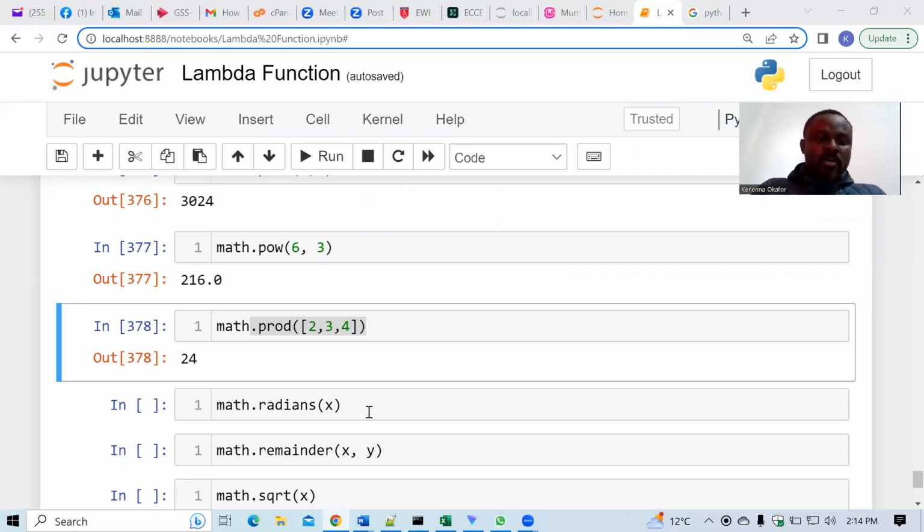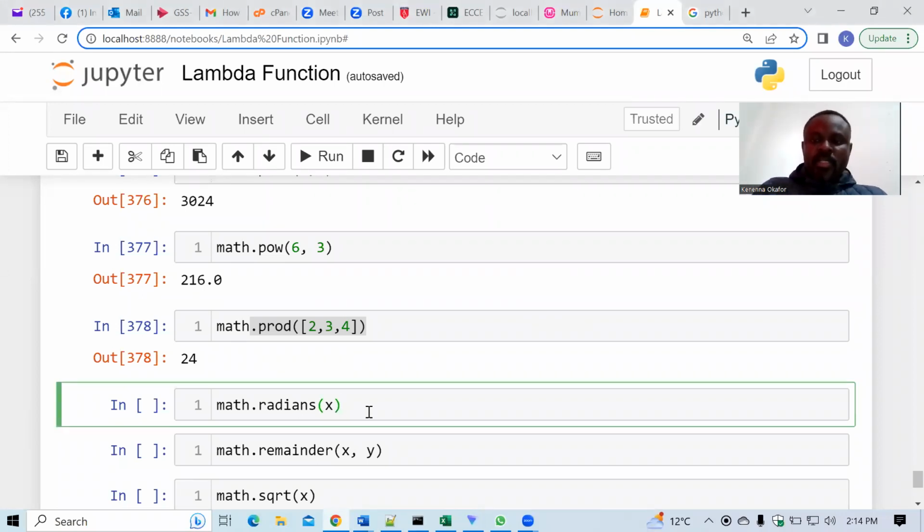Okay, so now let's move to the radians method. It's basically the opposite of the degrees method. In this case, you provide the value of an angle in degrees, and the method returns the radian equivalent.